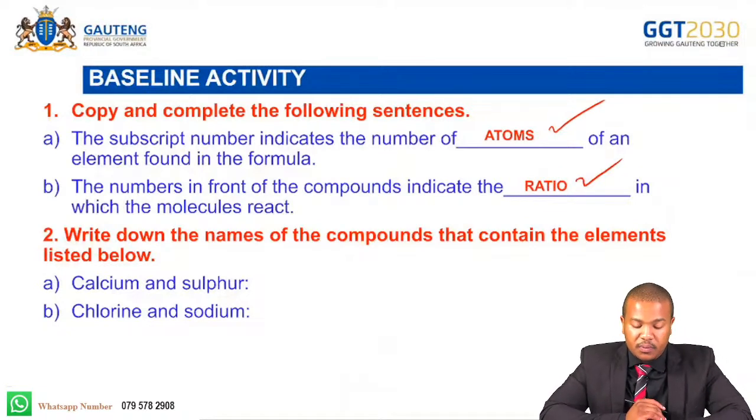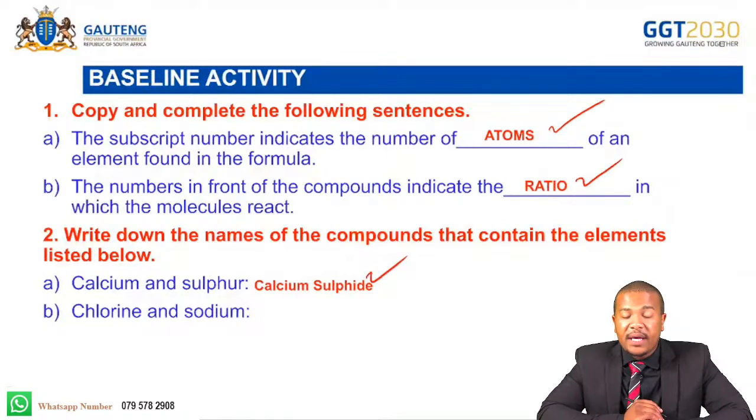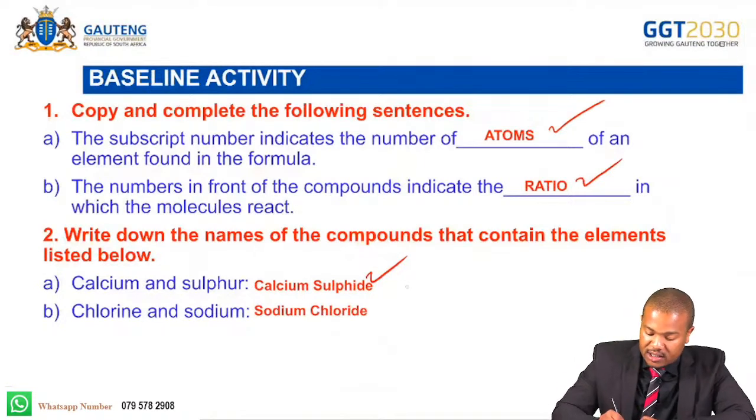Then number 2, write down the names of the compounds that contain the elements listed below. A, calcium and sulfur. The compound is calcium sulfide. Then B, chlorine and sodium. The answer is sodium chloride, right?